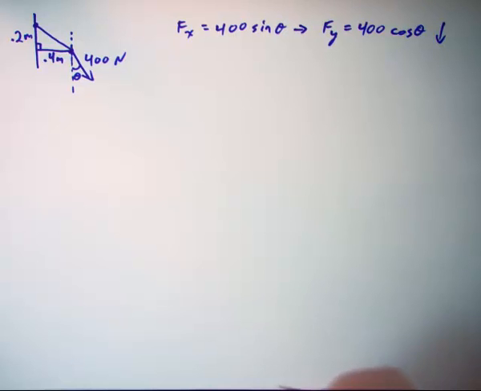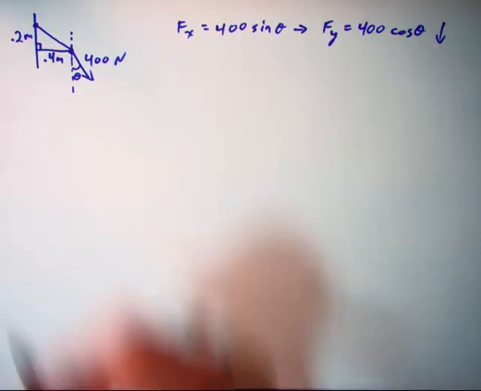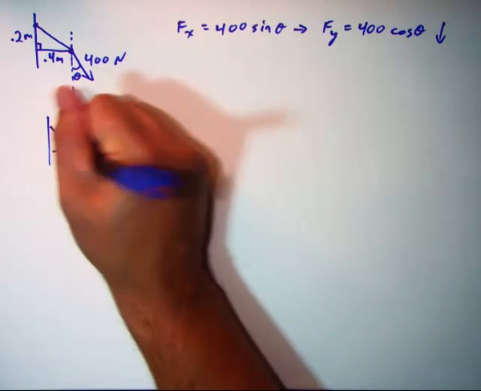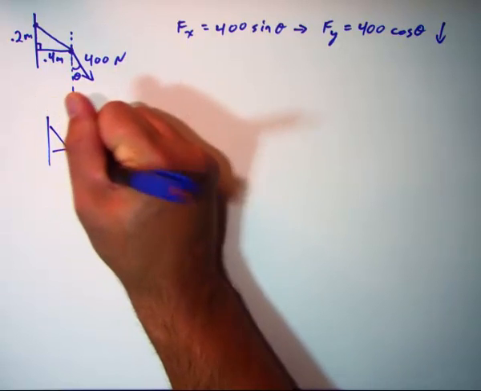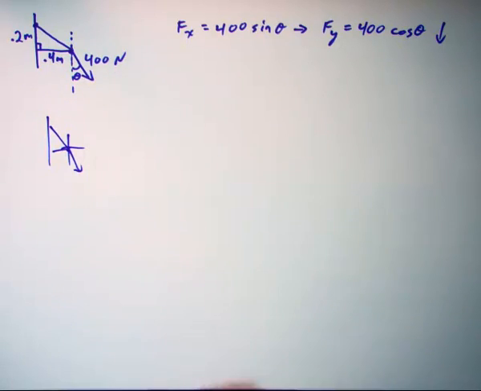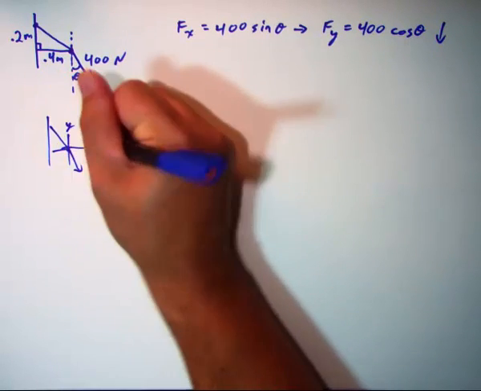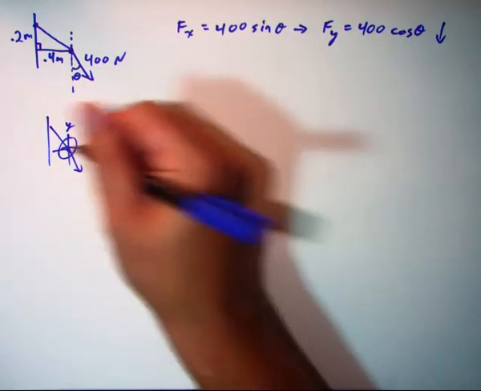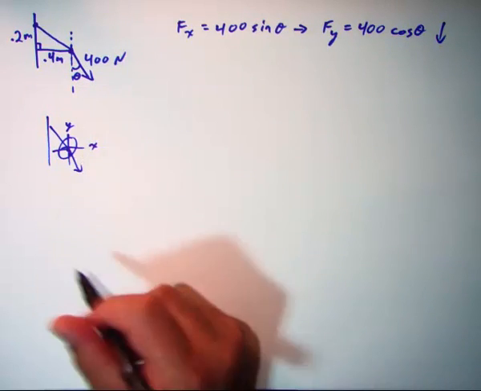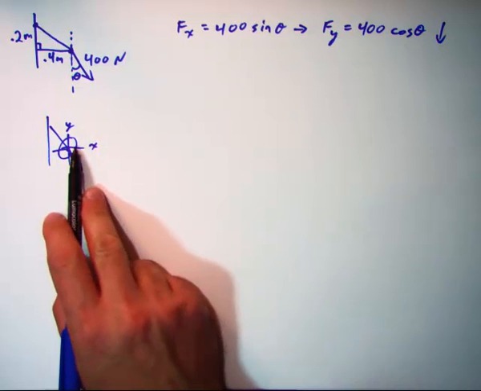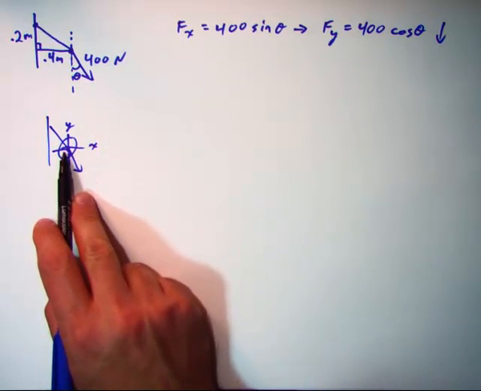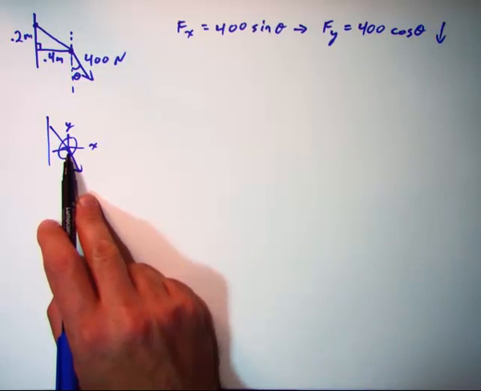I'm not really a big fan of this. My preferred method would be to take this force over here, put an xy axis right there, use the unit circle. If this is theta at the very bottom, then that means that our total angle is 270 degrees plus theta.